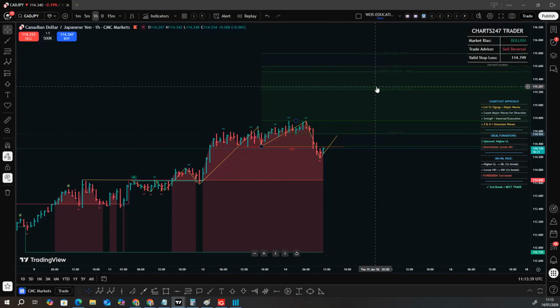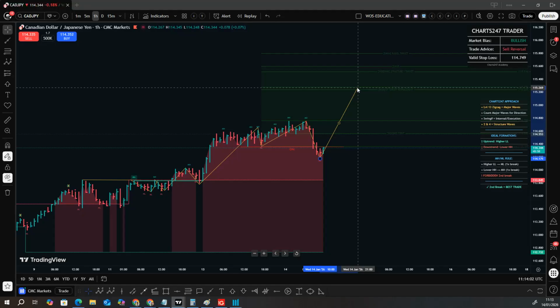We have a couple of target areas here. The 3A is a good area to look for, maybe taking profit for a pullback before a continuation. You know, the price will not travel in a straight line like this. Sometimes it does, but not all the time.